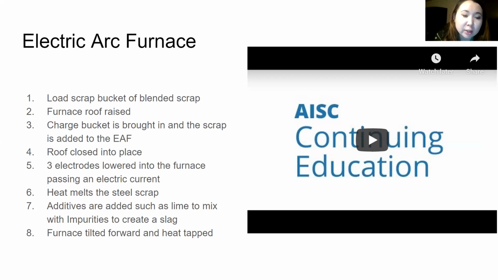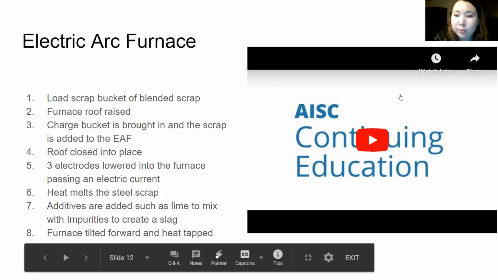The furnace roof is raised, then the charge bucket is brought in and the scrap is added to the electric arc furnace. The roof is then closed into place. 3 electrodes are lowered into the furnace, passing an electric current. Heat then melts the steel scrap, and then additives are added such as lime to mix with the impurities to create a slag. Then the furnace is tilted forward and the heat is tapped.